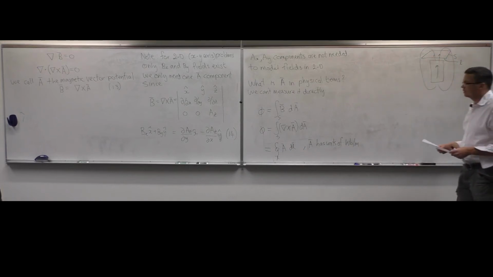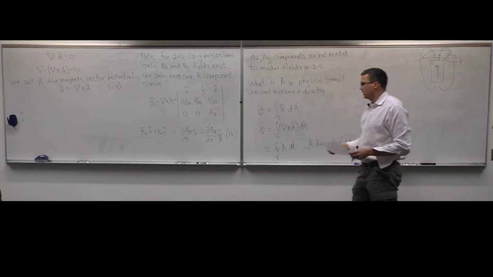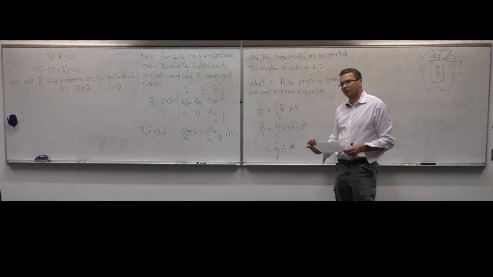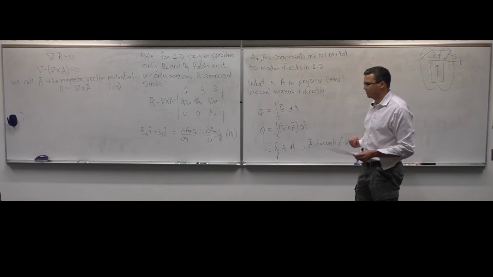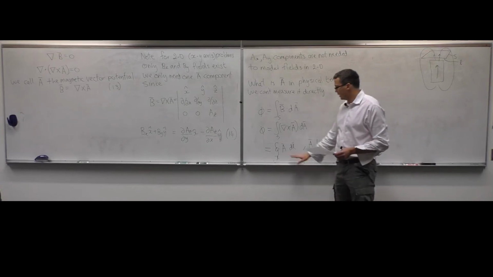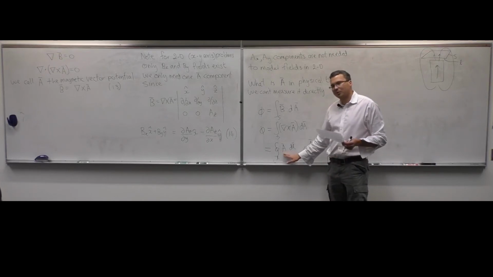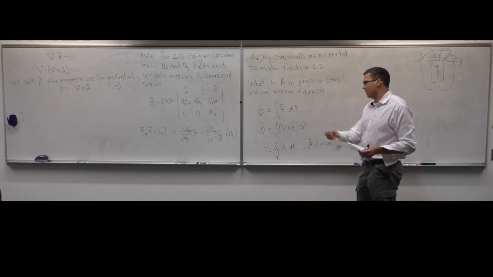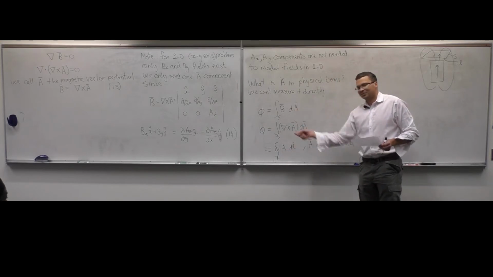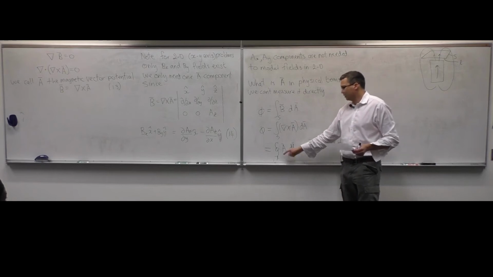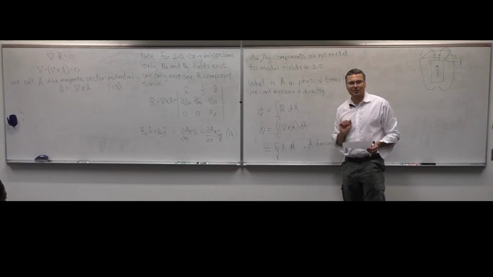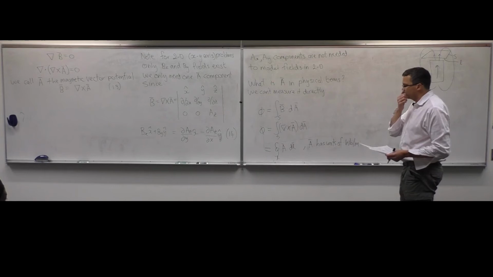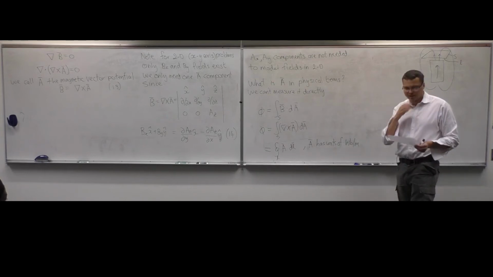So the way I think about it is that this is kind of convoluted. This is my best answer for what the magnetic vector potential is. If you evaluate the magnetic vector potential around a loop, it'll give you the flux. So that's the best physical answer I have to what that is.